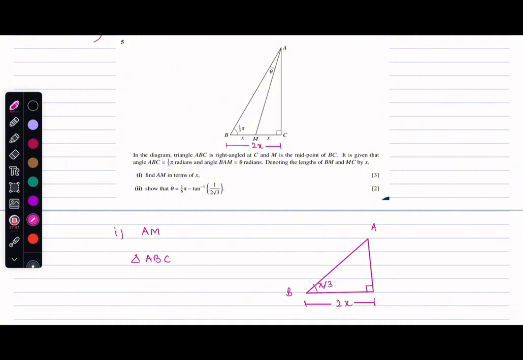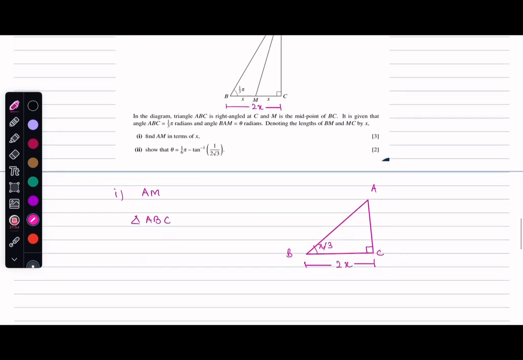So the first thing is to find AC. With respect to the angle pi by 3 given to us, I can say that tan of pi by 3 equals AC, which is my opposite, over adjacent, which is my BC. So from here, I can very easily find my AC.